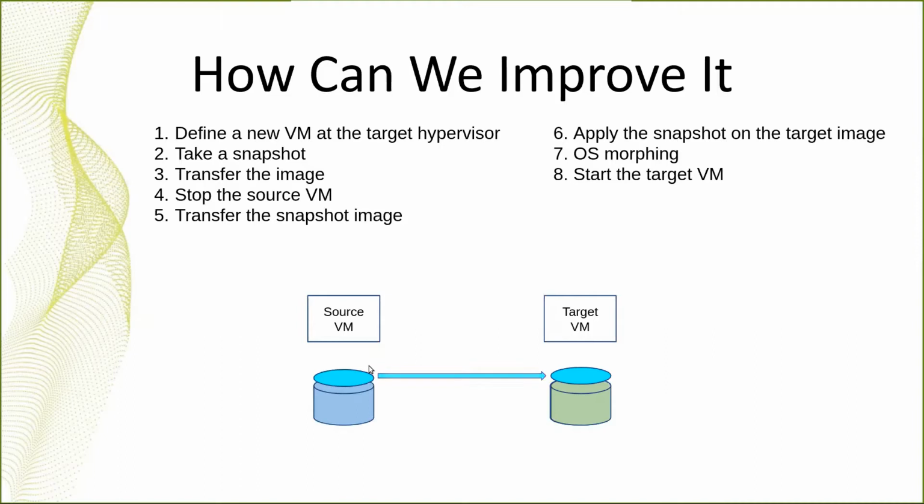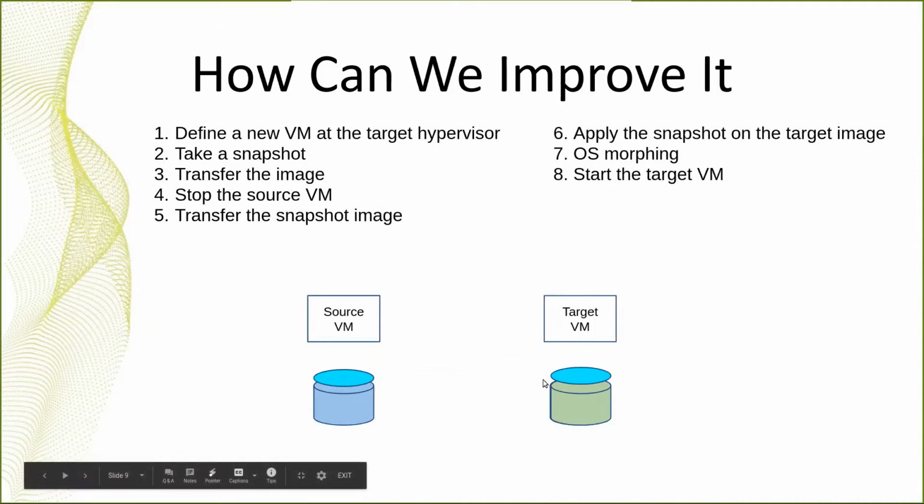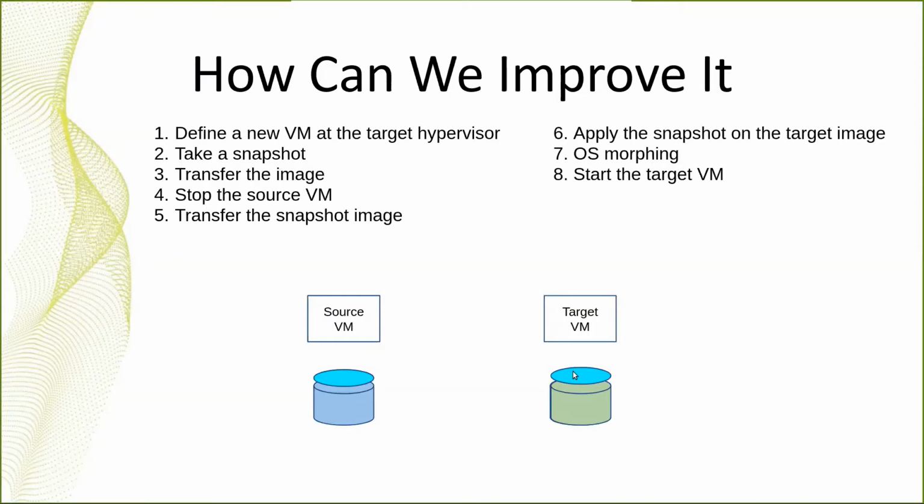The unique step in this process is applying the snapshot that we have transferred to the new image. The difficulty here comes from the fact that we have created this snapshot image on one type of hypervisor and one image format, and we need to apply it on a different image format.